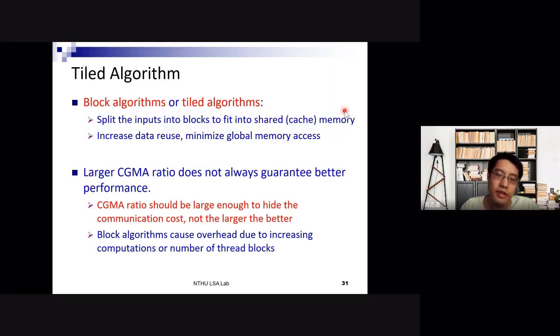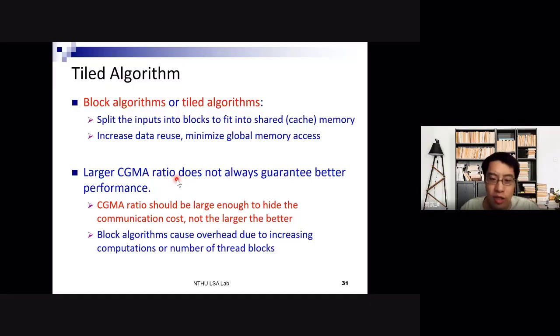Okay, so that's the introduction of a tile algorithm. And the key is to try to increase the CGMA ratio. But as we mentioned, usually it's not the larger the better. It's not always the case, because if the CGMA ratio is really big, then maybe you are bounded on the computing side instead of the memory side, right?